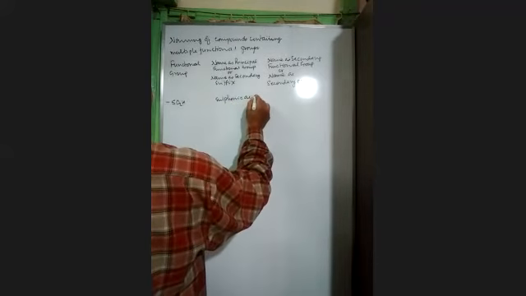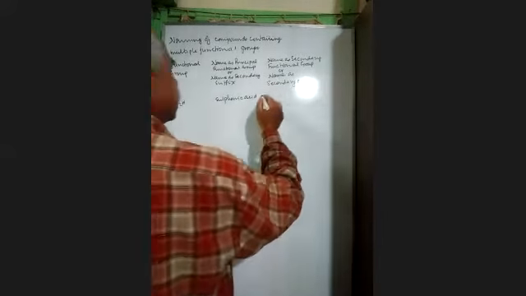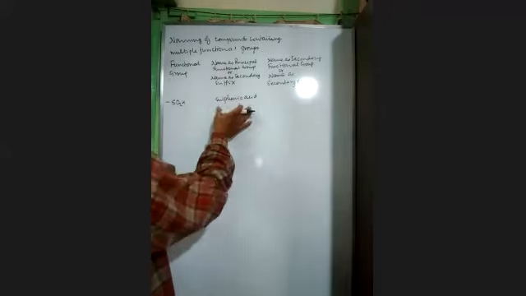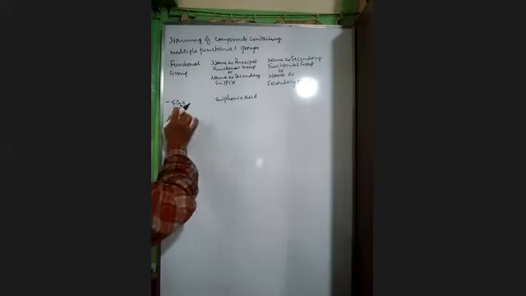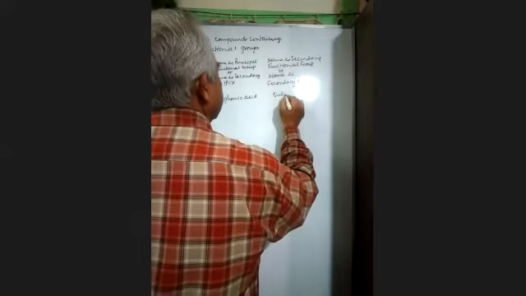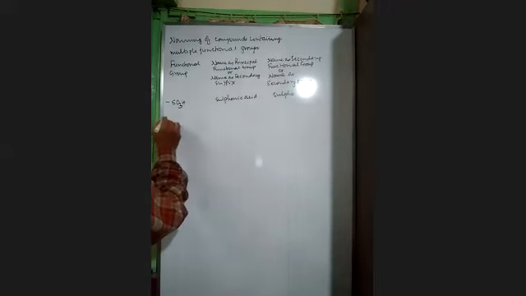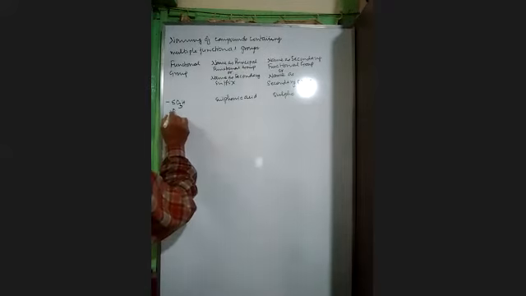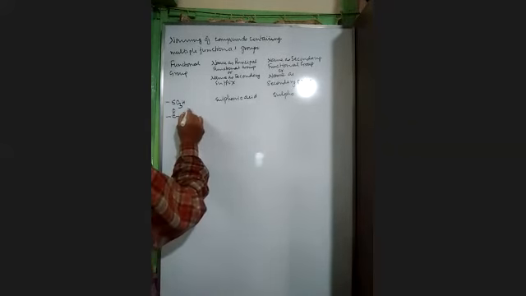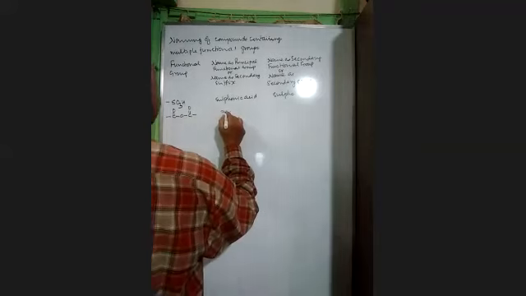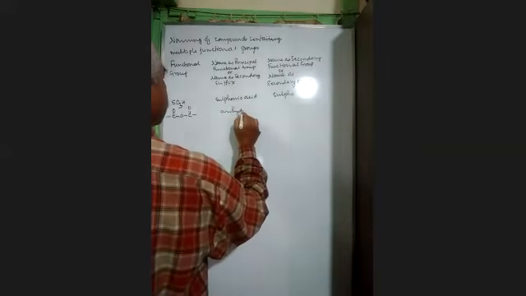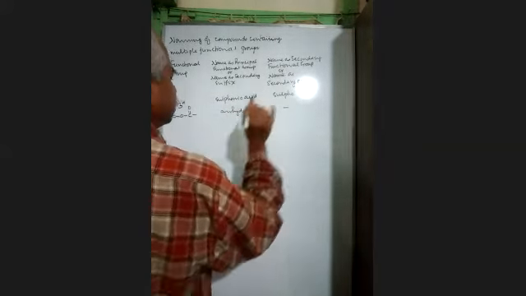If sulfonic acid is present along with the carboxylic acid, then we will consider this to be a substitution. So we call it sulfo. Now this, we call it anhydride, and for this no such name is there.